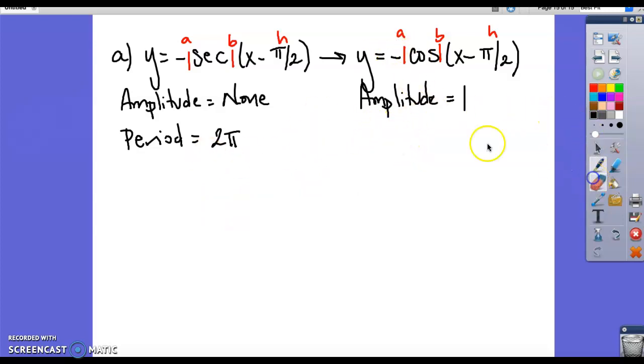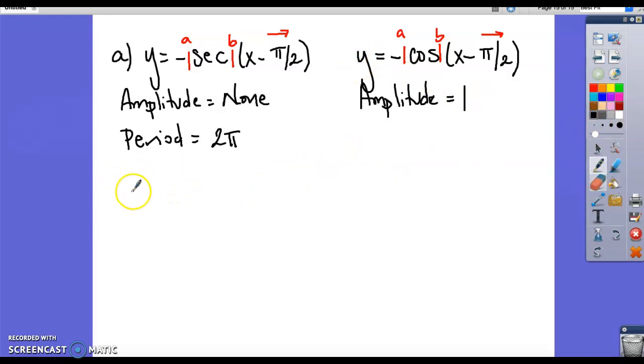We do, however, have a phase shift, right? And that's the big one. That really is the one that kind of messes things up. So this graph is going to be shifted pi over 2 units to the right, which means, and I'm going to start right now just focusing on cosine, although these are all going to be the same for cosine and sine.